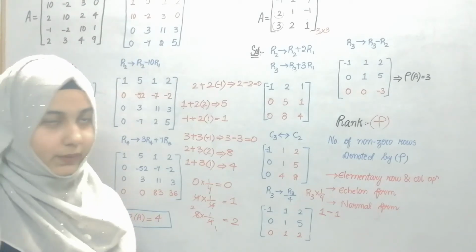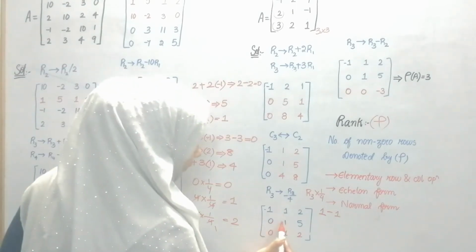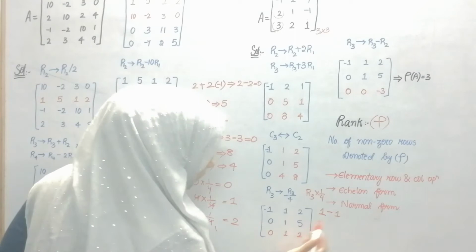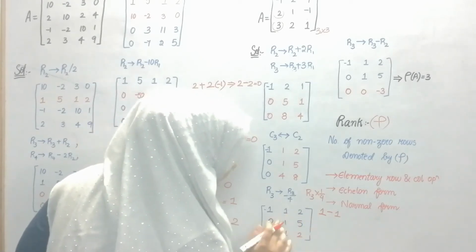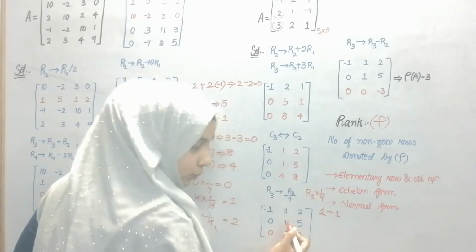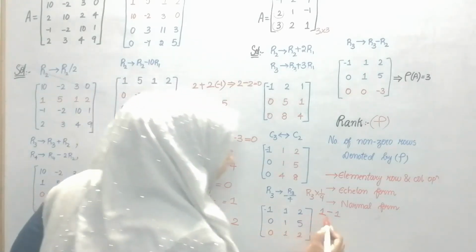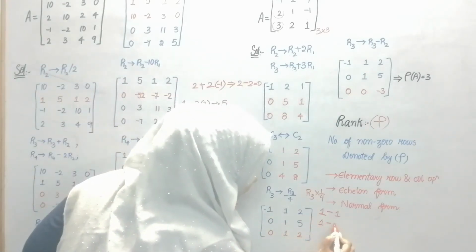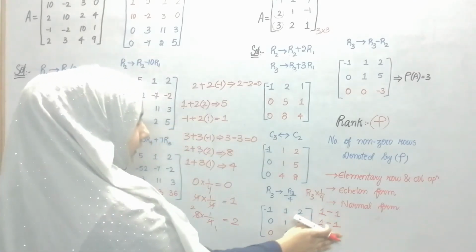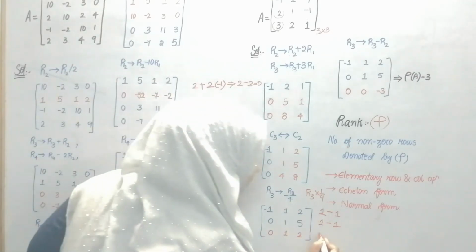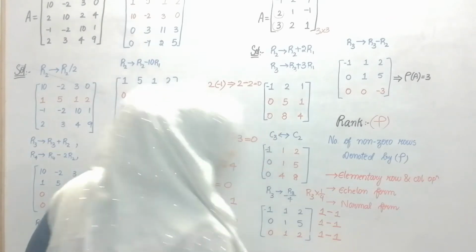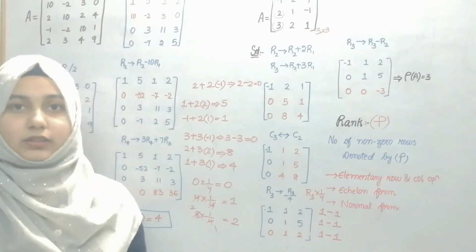Or I can subtract row 2's element with row 3's element, or row 3's element with row 2's element. Either way all three will be 0.